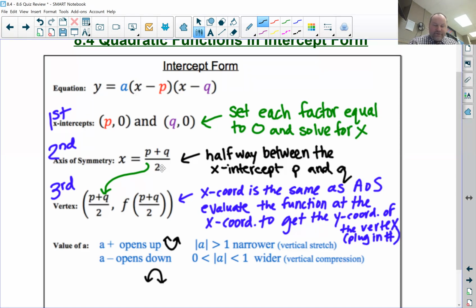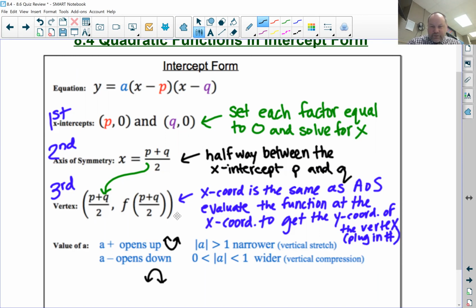And then to find the vertex, we do exactly what we did with standard form. We take the axis of symmetry value and plug it in for x in our function to get the y coordinate for the vertex.